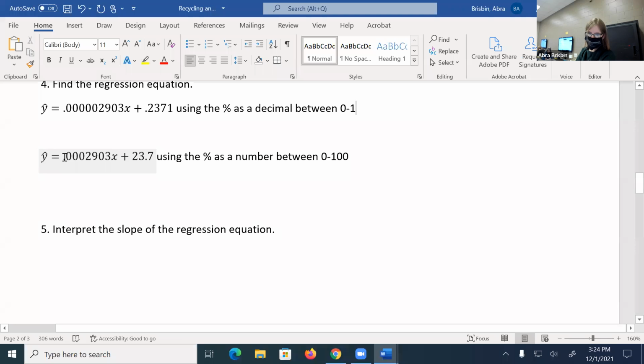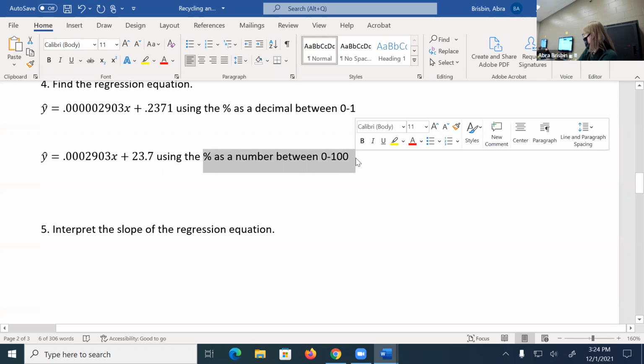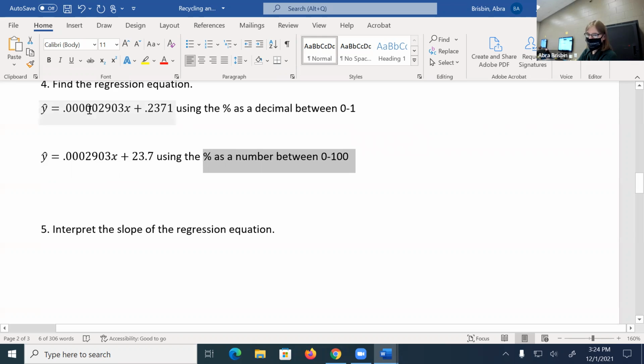As you increase, like a $1 increase in the home value has a bigger impact on the percentage if it's a number between 0 and 100, 100 times bigger, than if the thing that you're predicting is a decimal between 0 and 1.